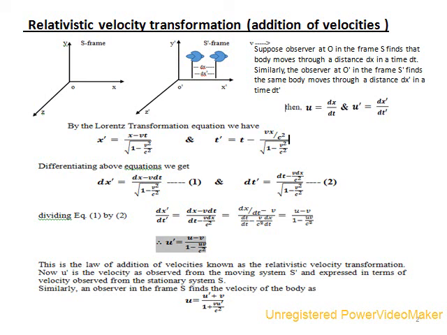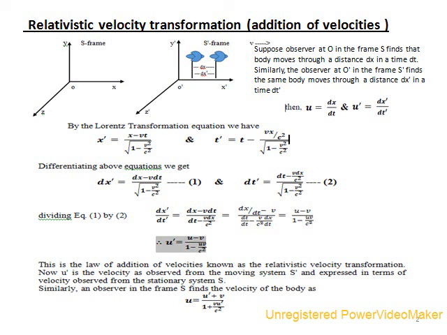Then dividing equation 1 by equation 2, dx dash by dt dash, we get dx minus v dt divided by dt minus v into dx by c square. Now divide the numerator and denominator by dt: dx by dt minus v, divided by 1 minus v by c square into dx by dt.